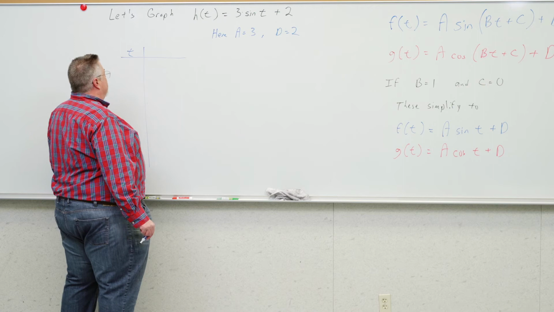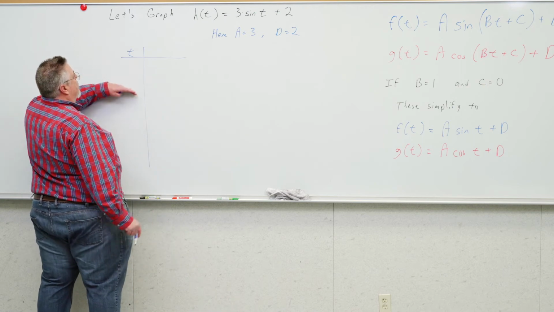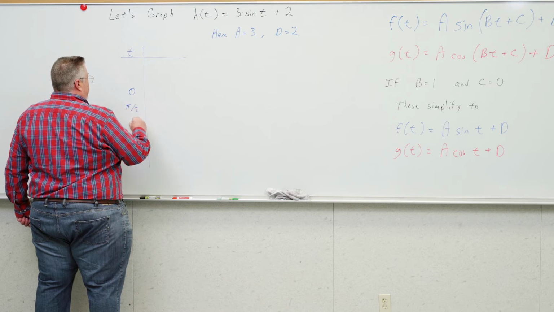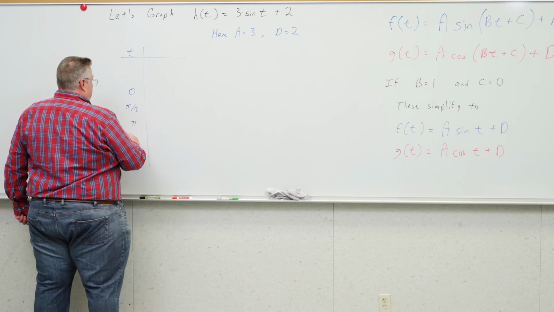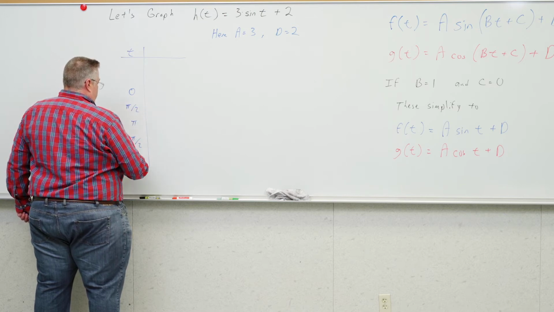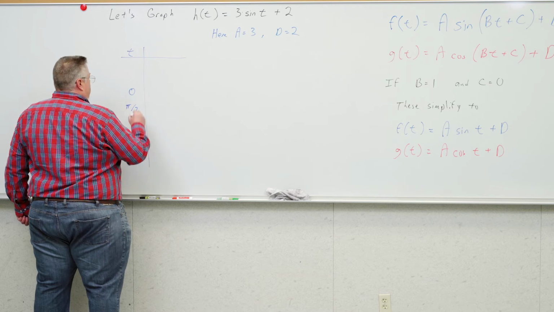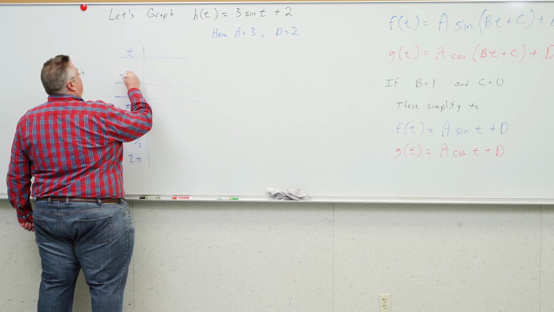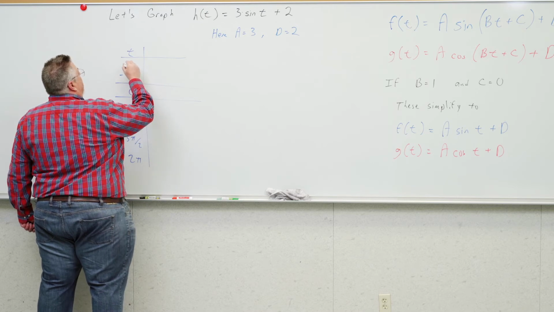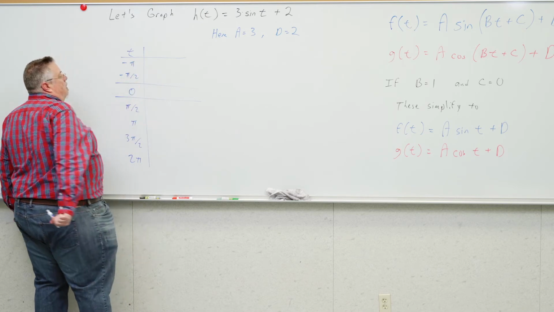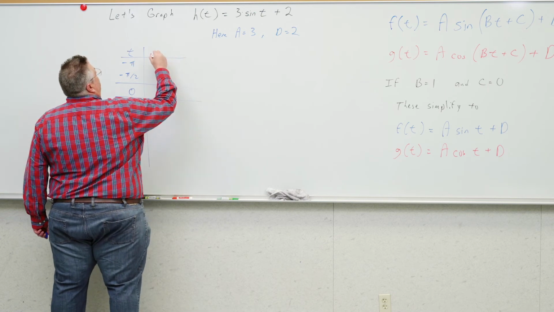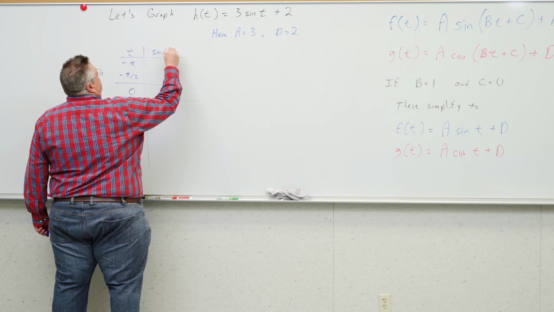I'm going to put 0 a little ways down here, and then multiples of pi over 2: pi, 3 pi over 2, 2 pi. Let me put a couple before it, negative pi over 2, go backwards a little bit, and negative pi. And right now, all I'm going to find is sine of t.